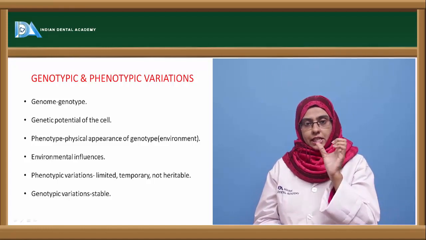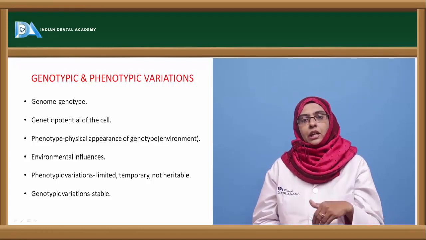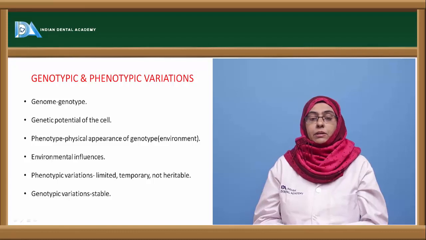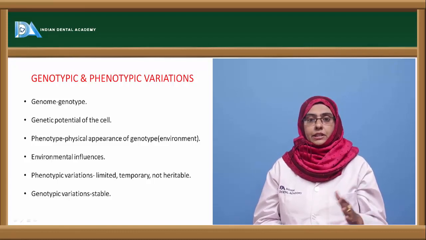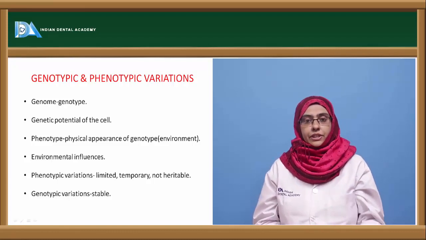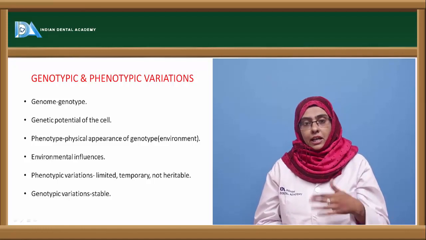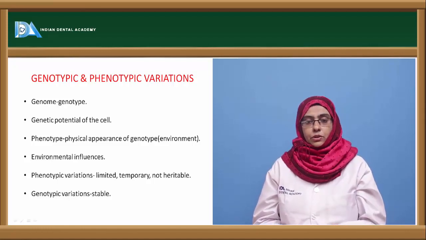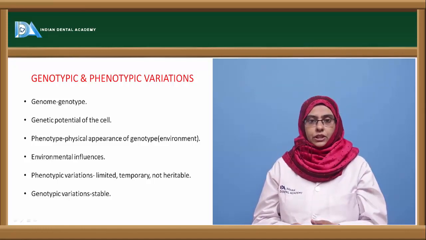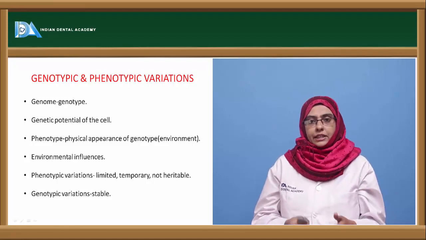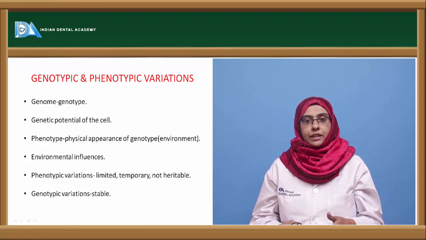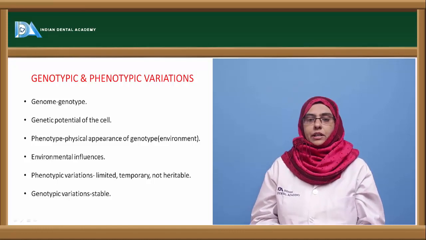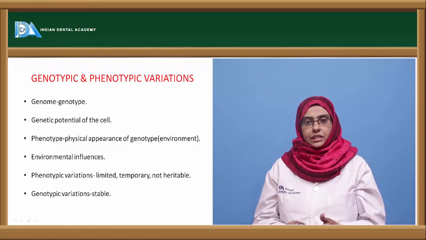Whereas when there is a change in the genotypic character, it is usually inherited. Sometimes this inheritable character in a genotype can be beneficial to the organism, or it can be lethal to the organism. So genotypic variations are usually stable in nature, and this genotypic variation takes place when there is a mutation in the organism. Whereas phenotypic variations are temporary.